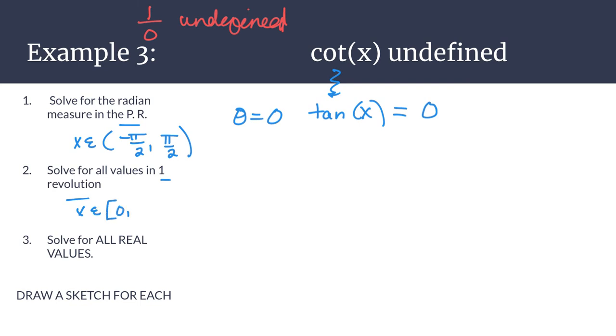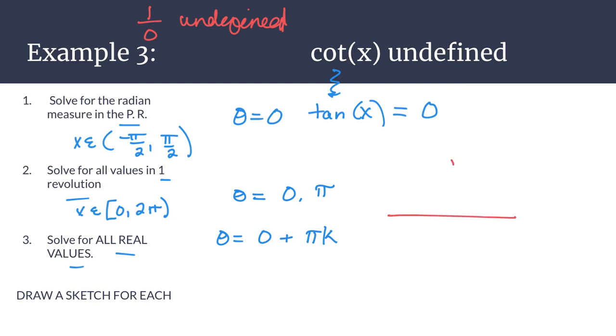We want to find where tangent of theta is 0 in one revolution. Now we're changing our domain to go from 0 to 2 pi. There might be more than one place where tangent is equal to 0, and it's at 0 and pi. If we want to change those to all real numbers, we're going to have our answer of 0 plus pi k. Notice how that end is going to change when you look at where your solutions are.